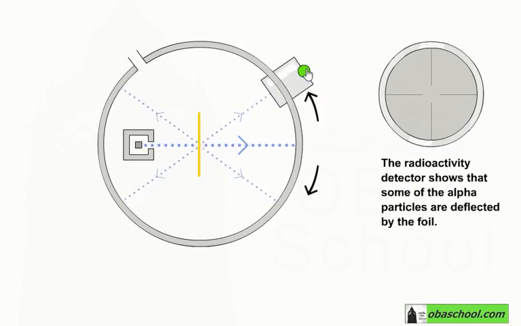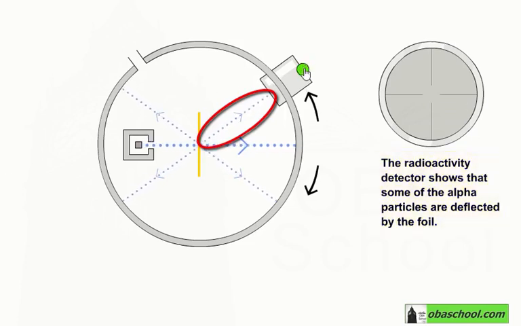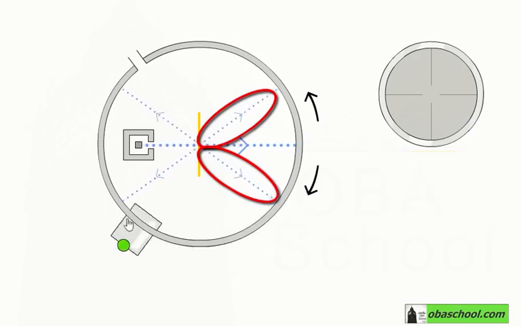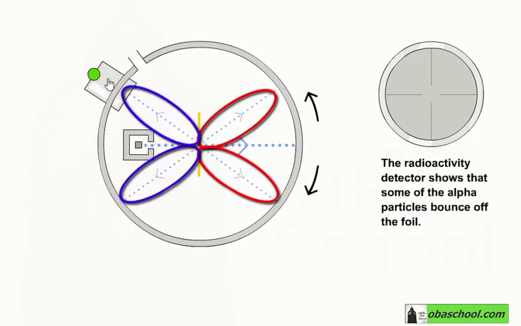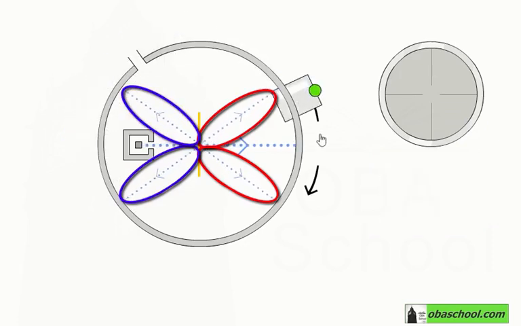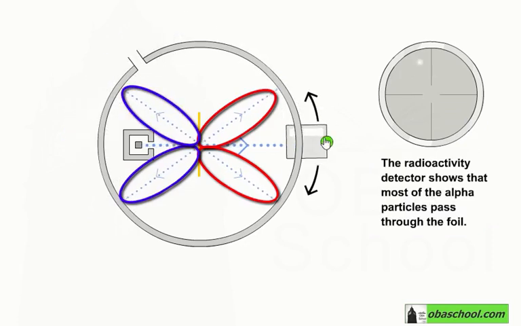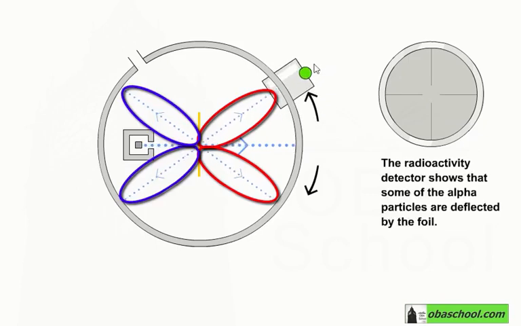However, when they moved the detector, they found that some of the alpha particles are deflected by the foil. Moreover, some of these particles bounce off the foil. So some particles passed through the gold foil, others were deflected, and others were bounced off.